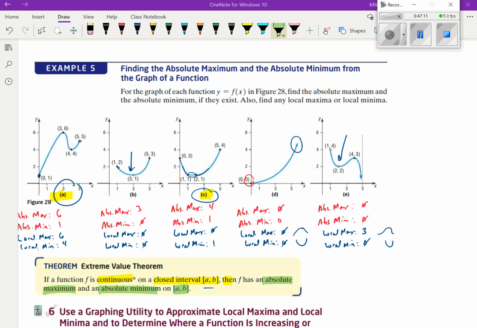If we take a look at those examples, where do we have an absolute max and absolute min? Well, I had them here, and I had them here, where I had both. On all of the other functions, I was missing either the max or the min, or I was missing both.